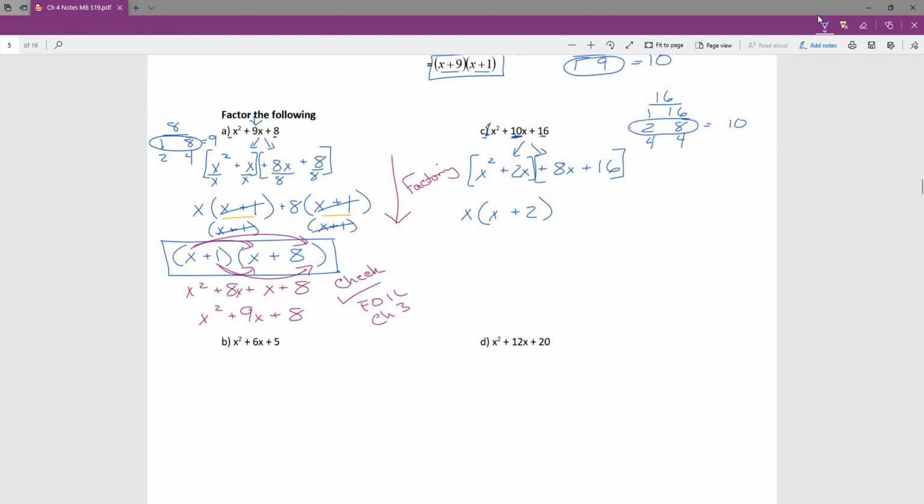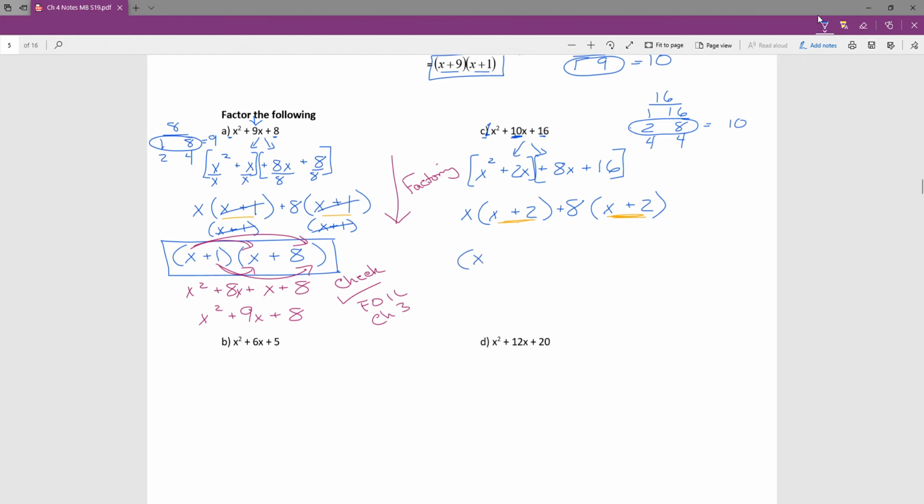Then I turn my attention to the next 2 terms. I see a positive sticking out the front, so it's a positive 8 as a greatest common factor. Put down my brackets and fill that up with what's left behind when I divide that greatest common factor out of each term. And now again, I've got this common binomial factor. I've got this that I recognize now as my greatest common factor.